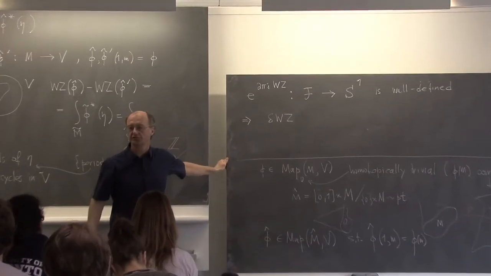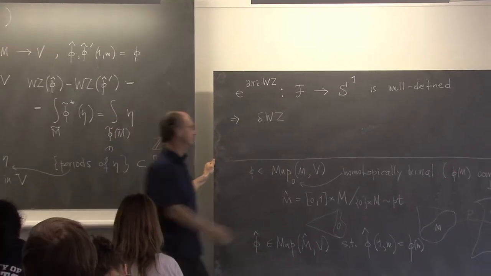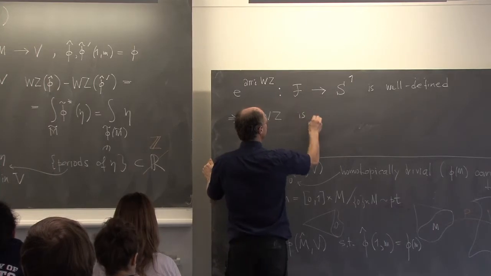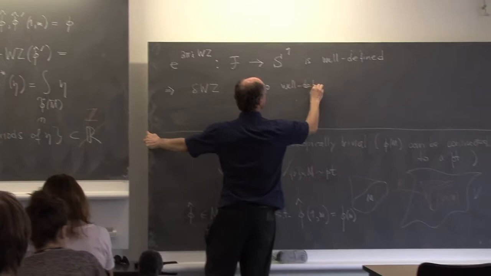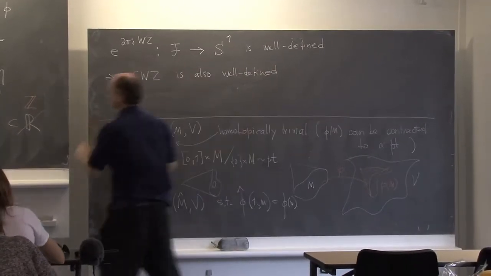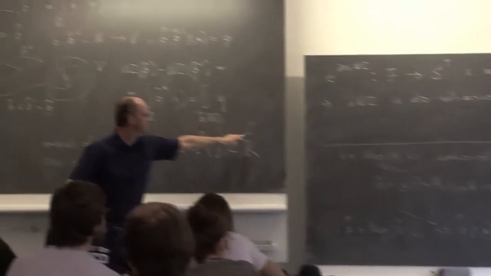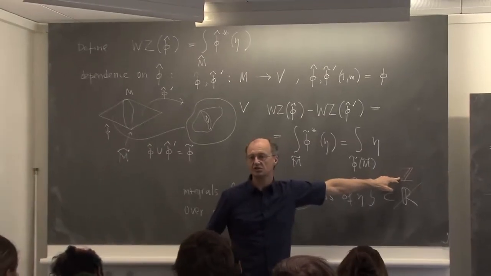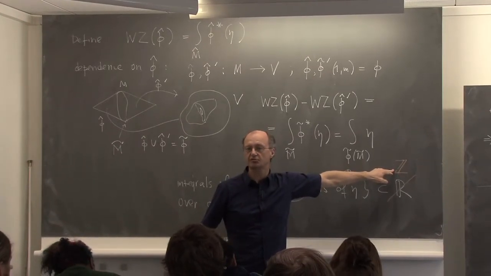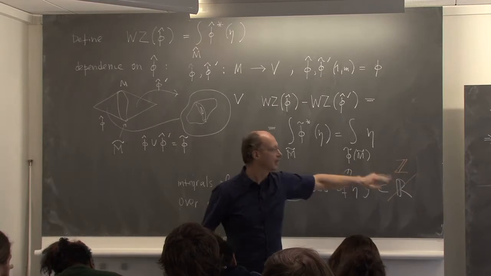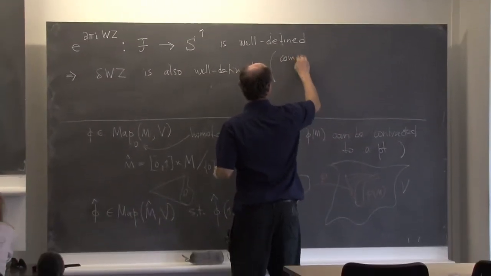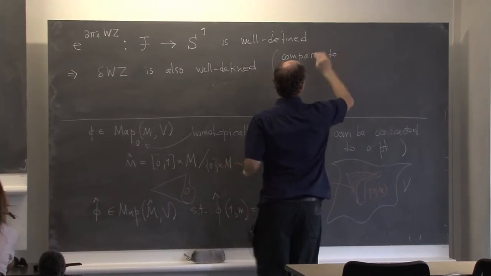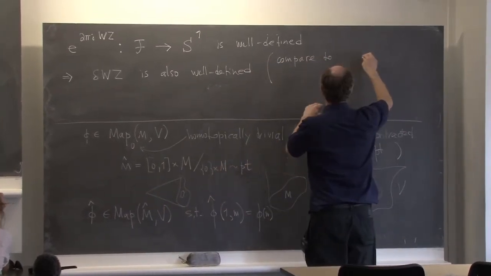But the differential on the space of fields of WZ is also well defined. That's because under this assumption, the ambiguity is integer valued. Differentials of integers are 0. And this perhaps you can compare to the following observation.